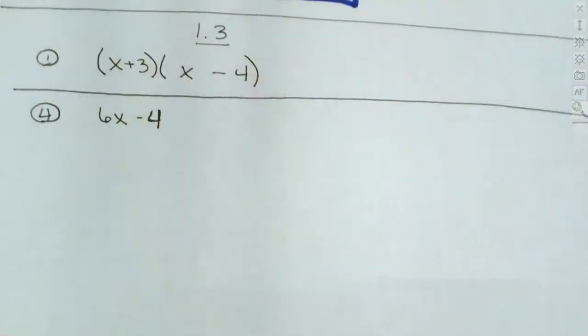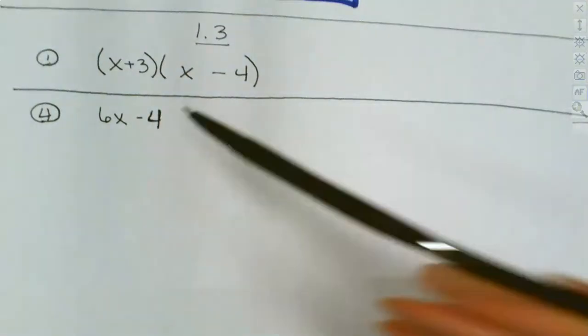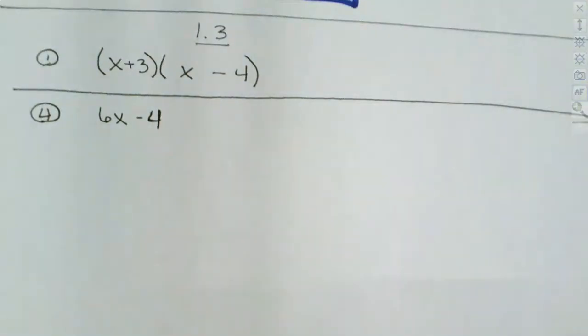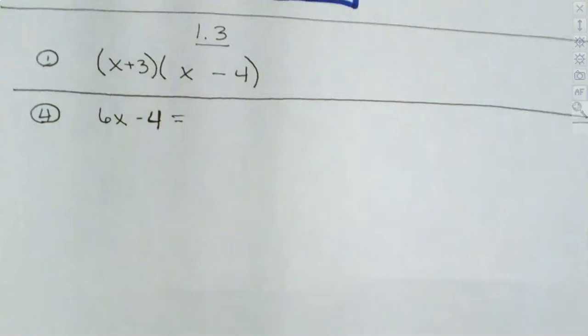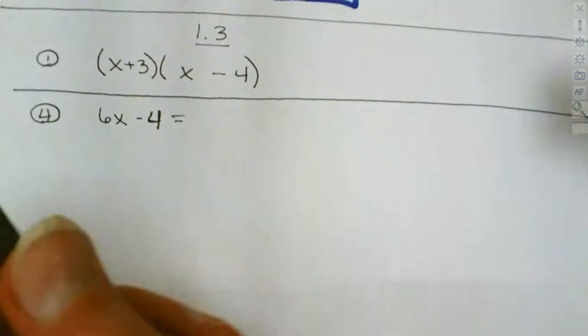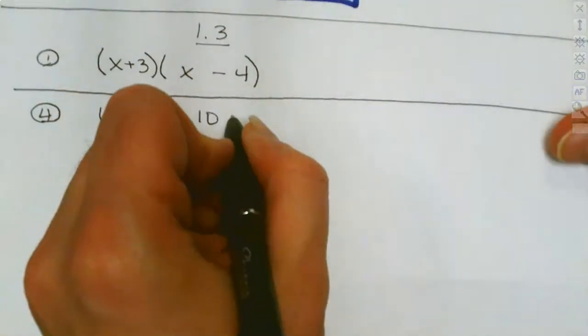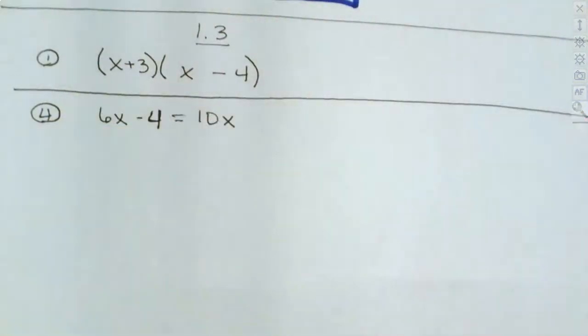Just subtracting off 4. So that -4 will go on the end. The result is, when we see "result is" means equals. So we have the equal sign here for that. And then we have it equaling what? Equaling 10 times a number. So that's going to be what? 10x. Now we have our equation.